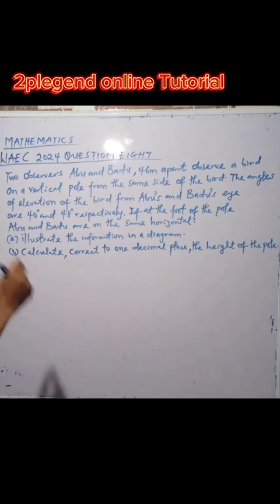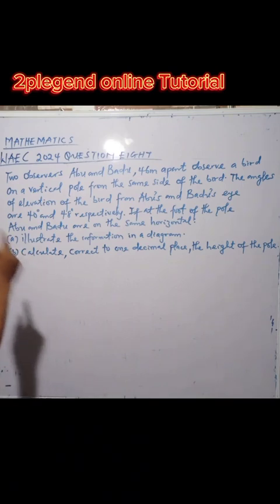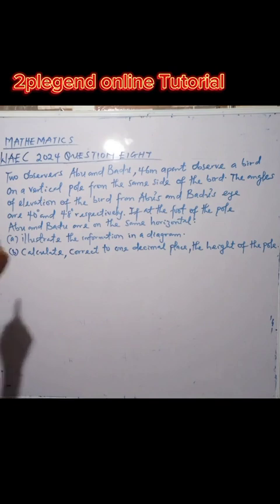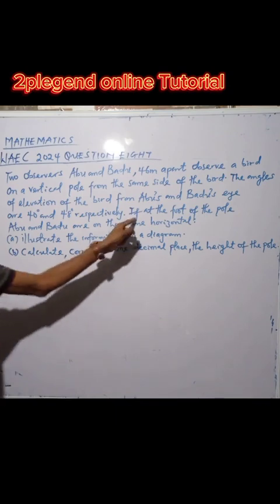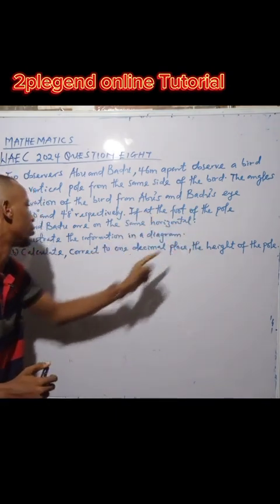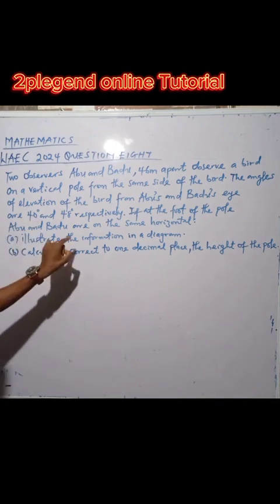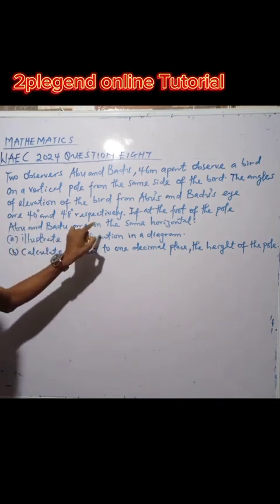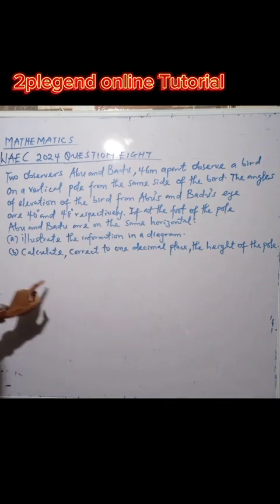From the side of the bird, the angles of elevation of the bird from Abu's and Badu's eye are 40 degrees and 48 degrees respectively. If at the foot of the pole, Abu and Badu are on the same horizontal. Question number 1 says you should illustrate the information in a diagram.